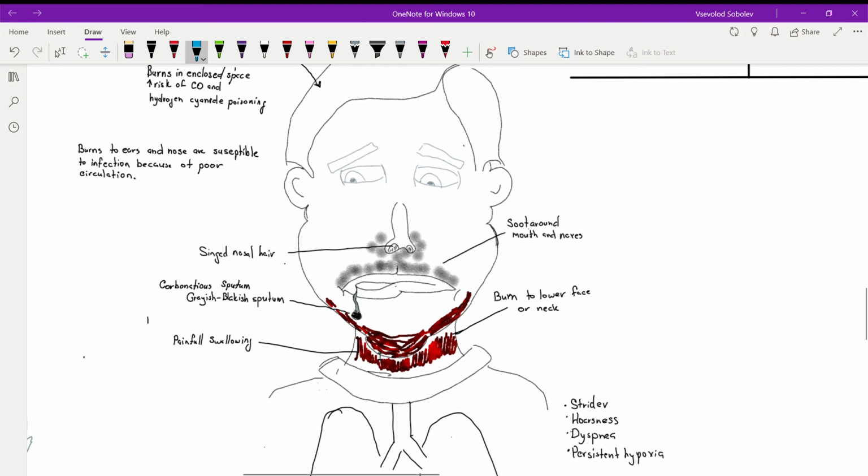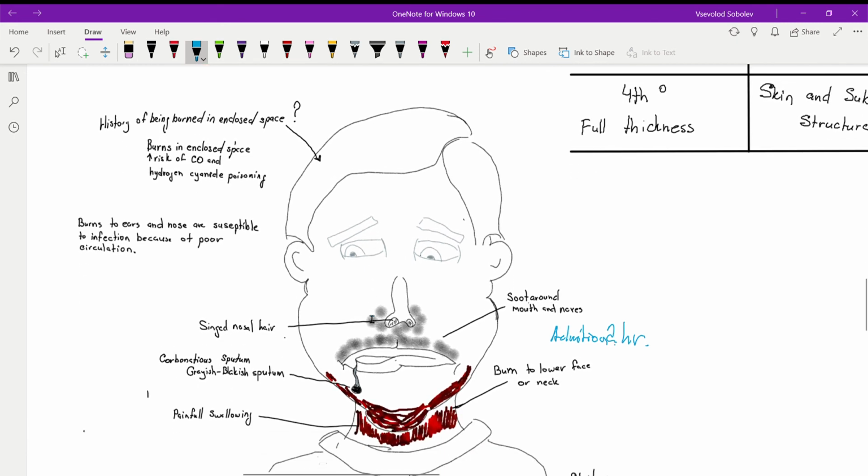So if you notice any of this, they have to be intubated within 2 hours after admission. It's better to intubate them when they're able to talk and breathe on their own, instead of later when the whole thing swells up. Then if you initiate intubation, it will be too late. It will be much harder, and they most likely will have to go through the trachea, which is not a good choice.